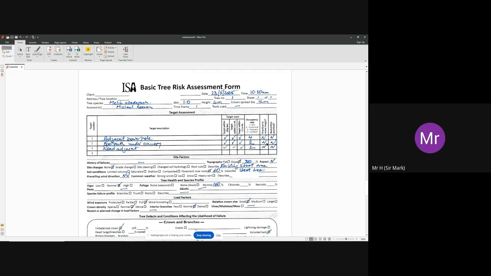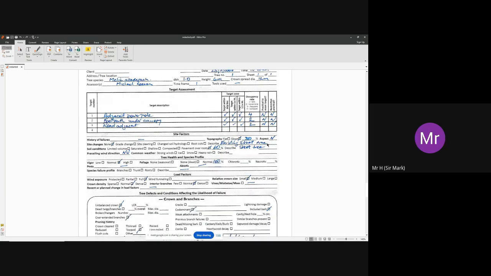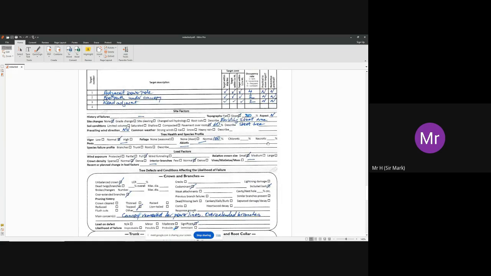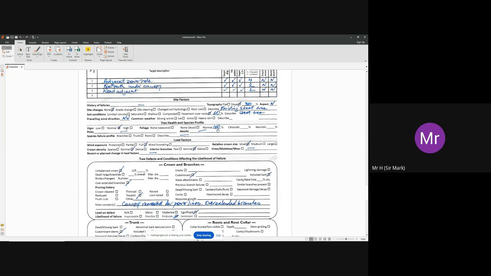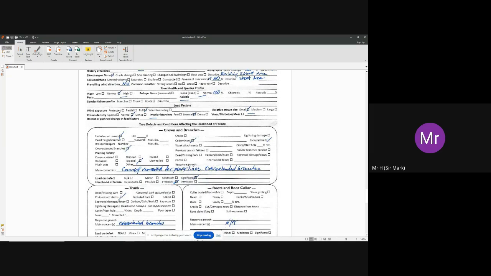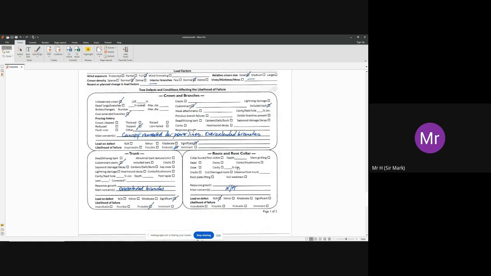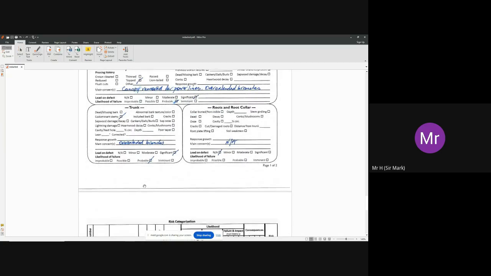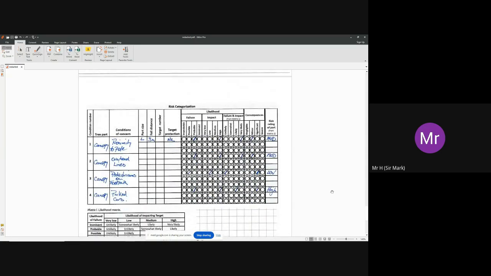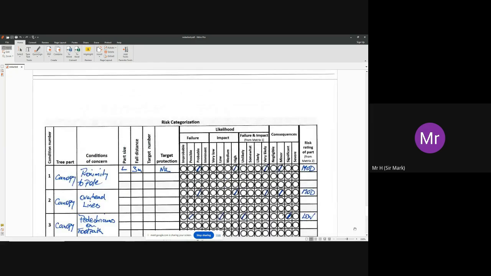Can't move the target, not practical to restrict, we agree with that. Normal canopy removed for power lines overhead to branches, yes, we agree with that. Branches have been removed. So here comes the risk assessment. I will just see if I can go a little fraction larger for you, make it a little easier.